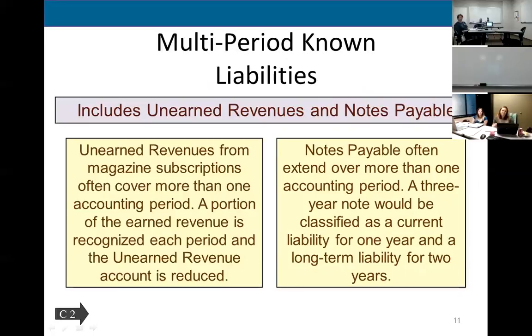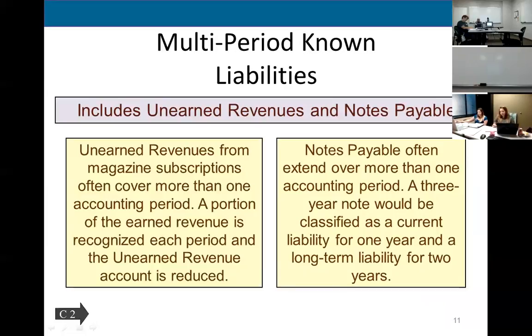All right, so unearned revenues for magazine subscriptions often cover more than one accounting period. A portion of the earned revenue is recognized each period, and the unearned revenue account is reduced.